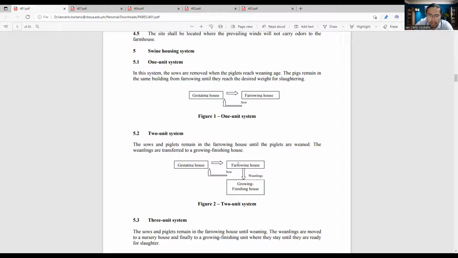So the sow, after giving birth, is returned to the gestating house, while the piglets are transferred to this growing finishing house. Now, what's the difference? So in this two-unit system, you would have the sows that are possible to give birth.